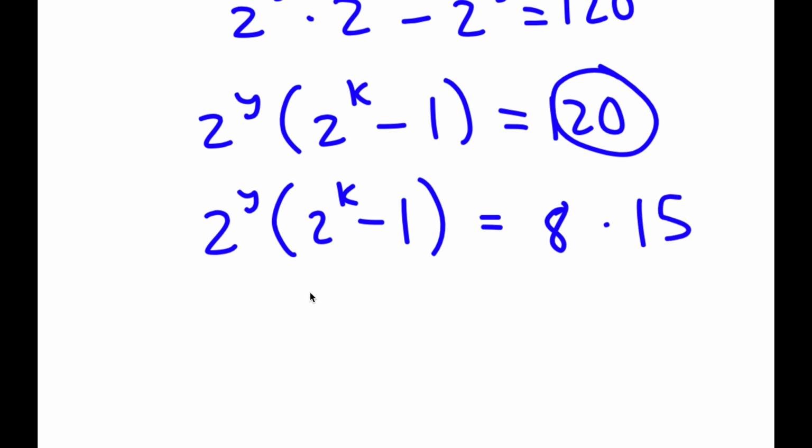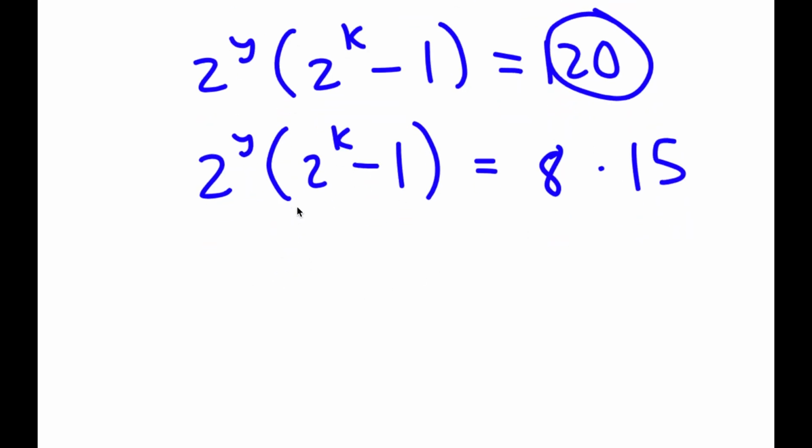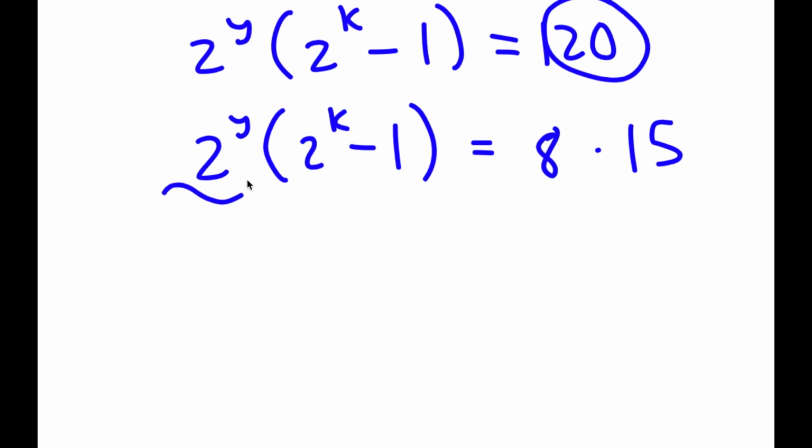So now, as you see, this is going to give me two equations. We can think of 2 to the power of y as 8 and 2 to the power of k minus 1 as 15. Because 2 to the power of y is going to be an even number, right? 2 to the power of any number is an even number. And 2 to the power of k is an even number, and an even number minus 1 is going to be an odd number. So notice how this is in the form a number times a number is equal to a number times a number, meaning this number is going to equal this number, and this number is equal to this number.